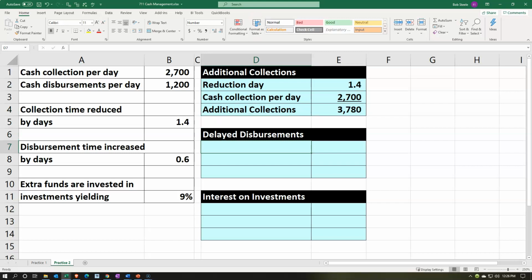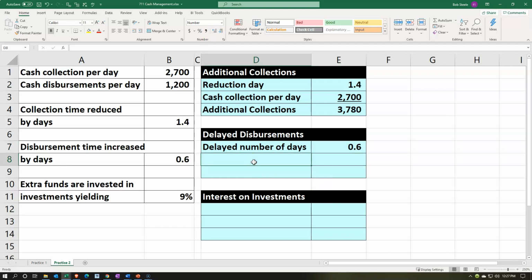And then we have the disbursement side of things. On the disbursement side of things, we've got the delayed number of days is going to be the 0.6. Let's make that a percent. Home tab, I'm not a percent. Let's make it a decimal. Numbers and add some decimals, or one decimal.